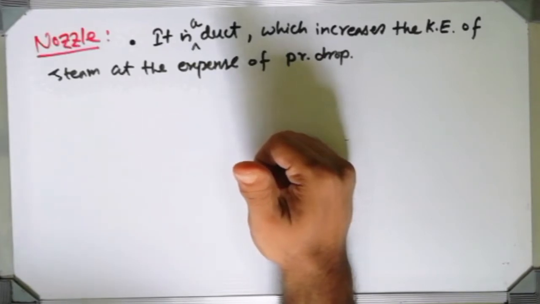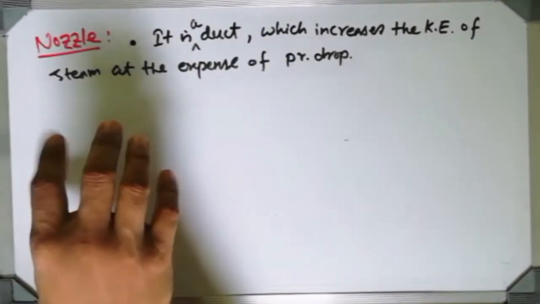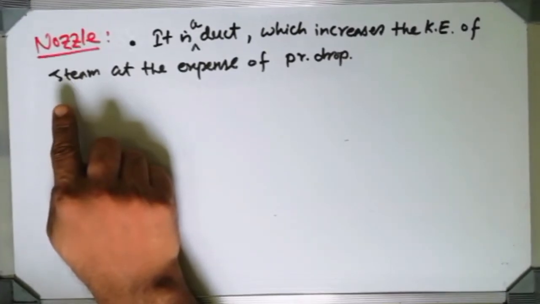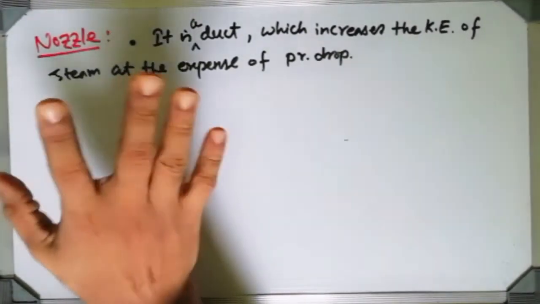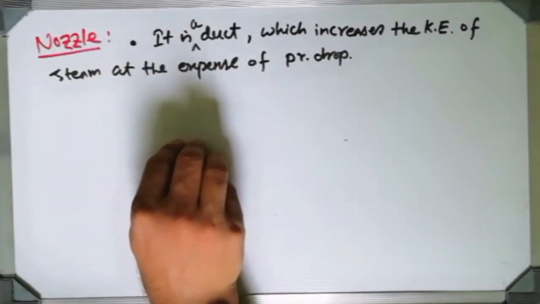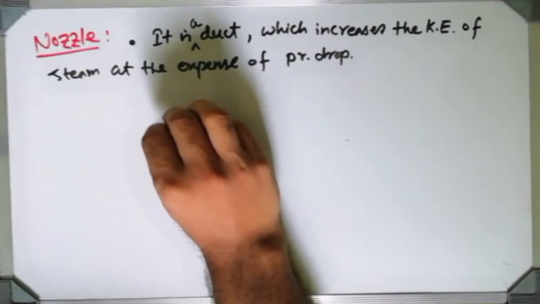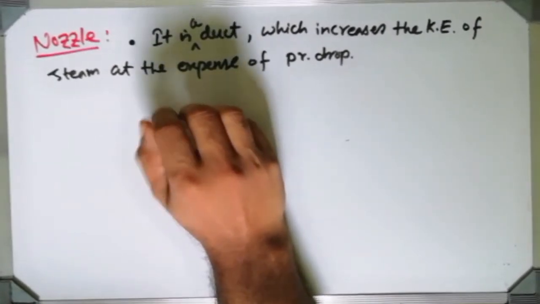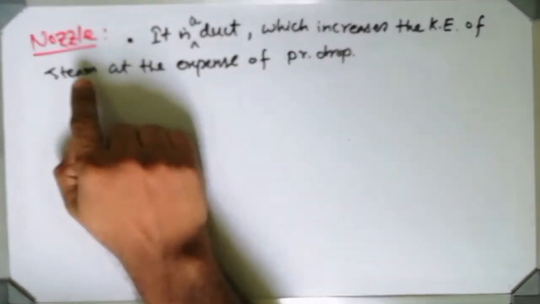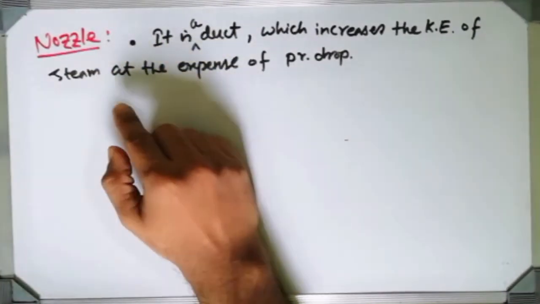Okay, and another device is there which is known as a diffuser. A diffuser is also a kind of duct which decreases the velocity, just the opposite of the nozzle. Here we are not going to discuss the diffuser, but just for your information, the diffuser has the opposite function of the nozzle.